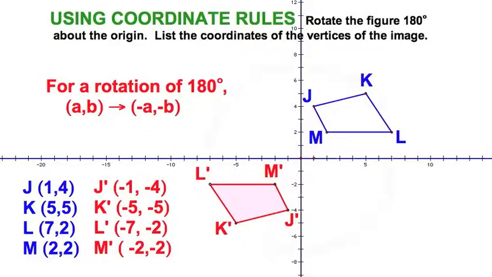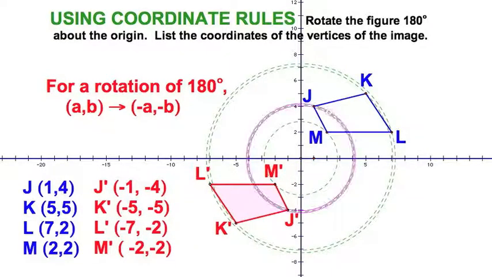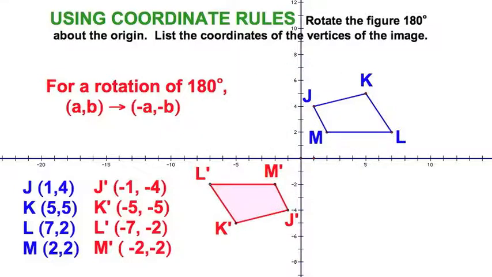In addition, since J and J prime are equidistant from the origin, they would be on the same circle or arc centered at the origin, as would M and M prime, K and K prime, L and L prime. The more ways you can think of it, the better you'll understand it. And that is done strictly with the coordinate rules for a 180-degree rotation.